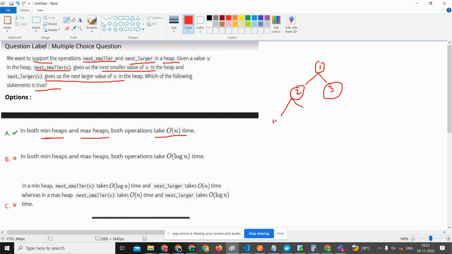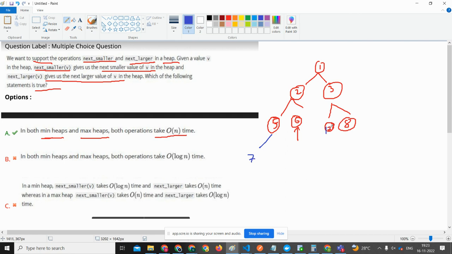So I'm just going to take some min heap. Yeah, this is a min heap, right? If I want to find the next biggest number for 6, this is a min heap, so that 7 can also be here, right?